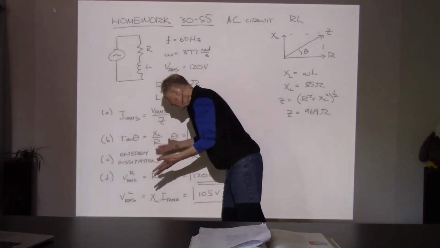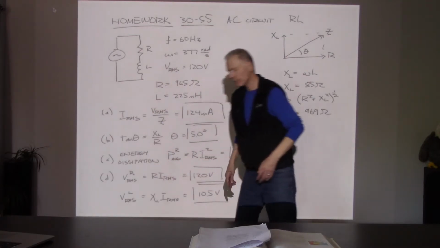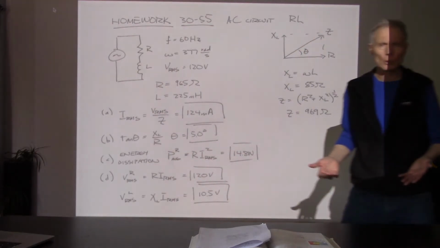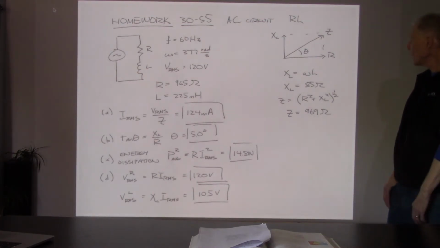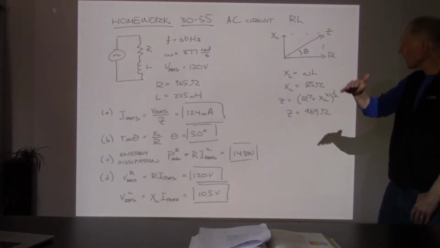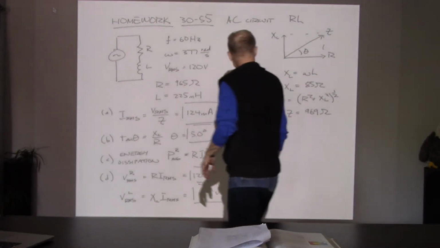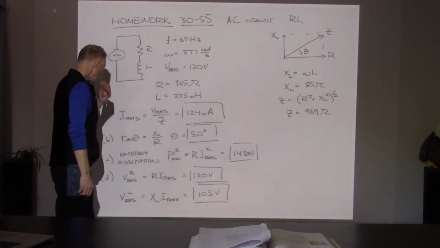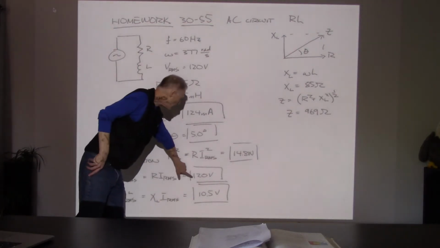And since we've got an AC power supply, the voltage across the inductor will be given by the inductive reactance times IRMS. We can use the current, the IRMS, and then multiply by the different resistances to find out the voltages. Now the voltage we have here across the resistor worked out to be 120 volts.